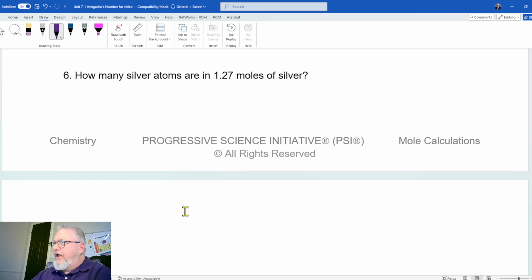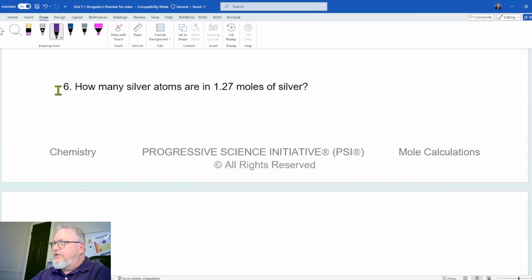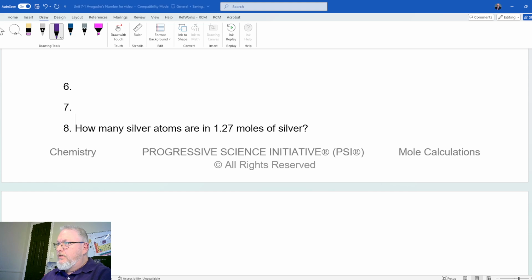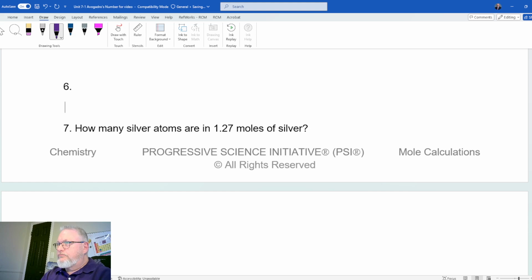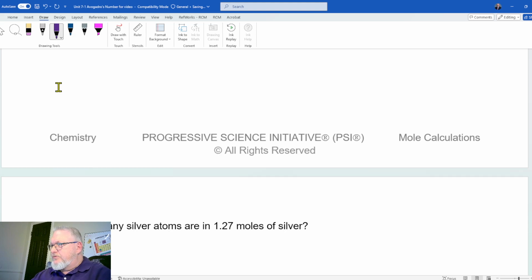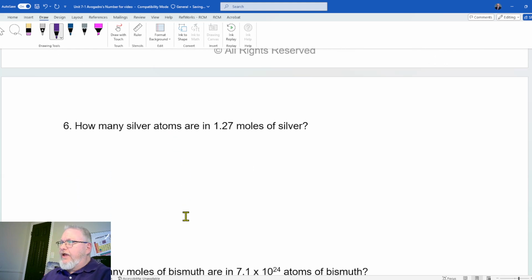How many silver atoms? Oh, let's go down here. Let's do this. That gives me some space. How many silver atoms are in 1.27 moles of silver?